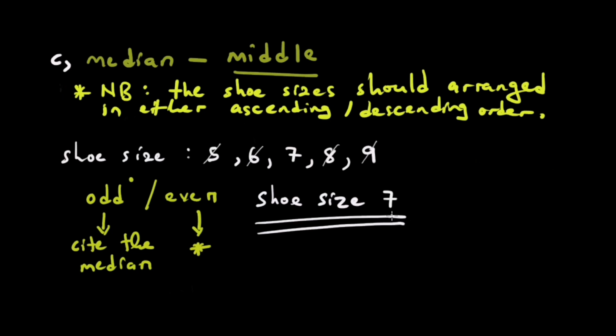We just see what the median is. But if it is even, for an even number, we are actually going to do something different. So we have finished our question, we did A, we did B, we did C. But now I want to take you through the case where the elements we are dealing with are even. And by even, I mean that when we count the number of elements, they give us an even number.